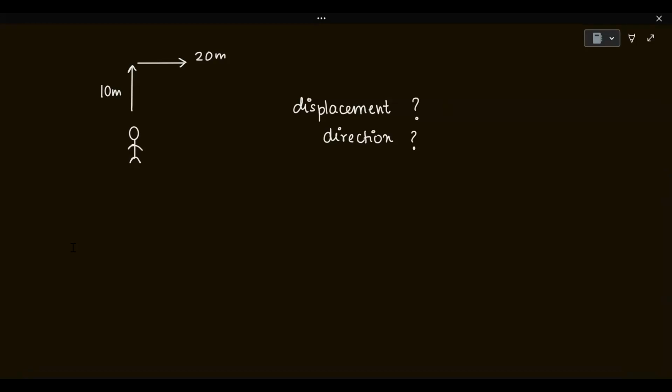With angles, right? So you have to find out the angle also. In which angle is he traveling? This is the standard direction. This is north. This is east. This is south. This is west.